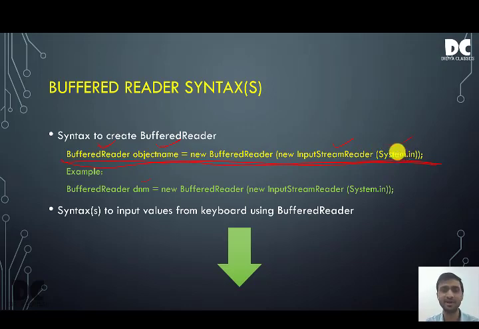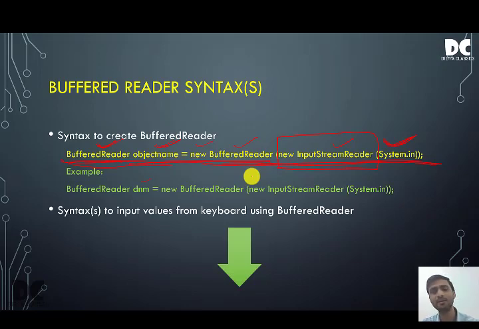So it is almost the same. In scanner we wrote the class, then the object name, then new Scanner(System.in). Here replace Scanner with BufferedReader, and after that, instead of only System.in, we write another new statement, that is new InputStreamReader. It is an addition.